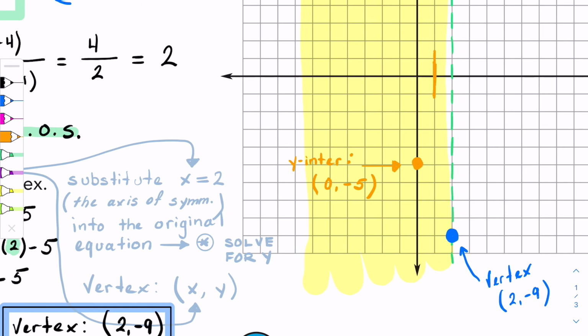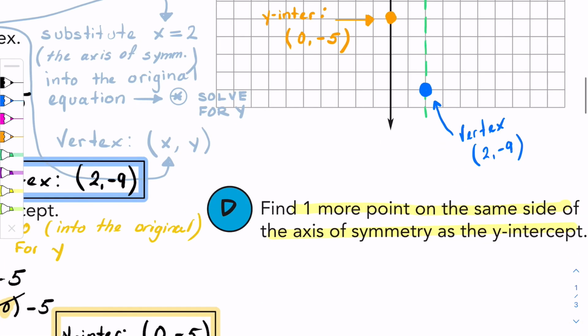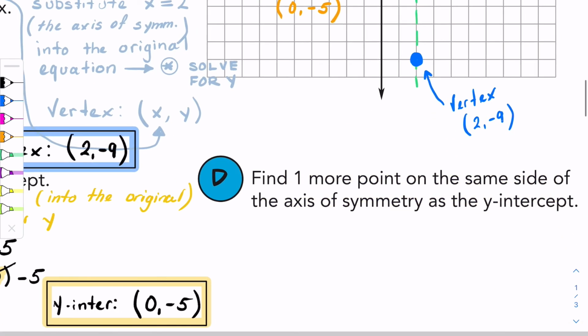Of course, that's not going to be where the point is, but that's just going to be the x value that I test. So if I could make any suggestion, just pick a point as close to the axis of symmetry and y-intercept that you can.